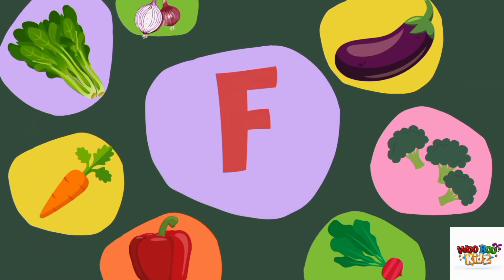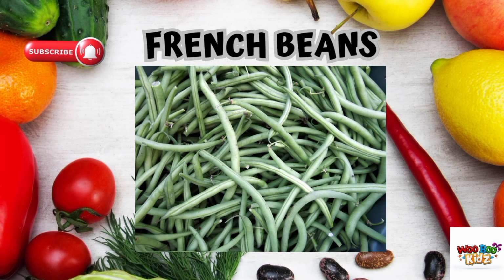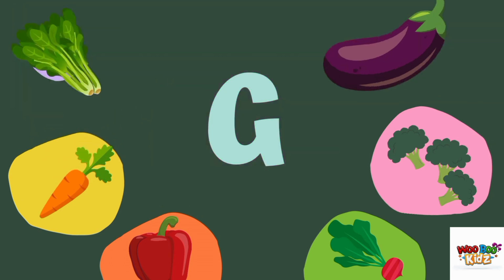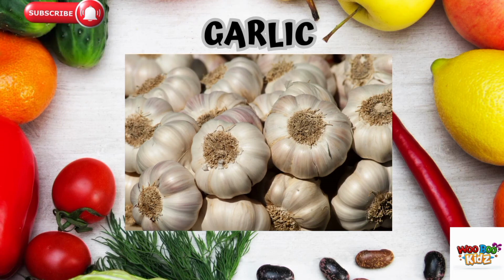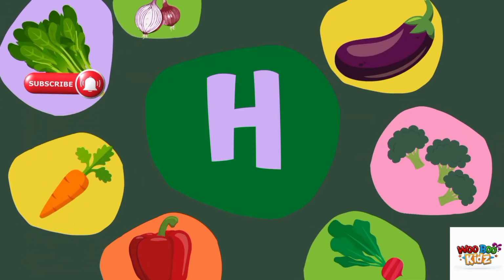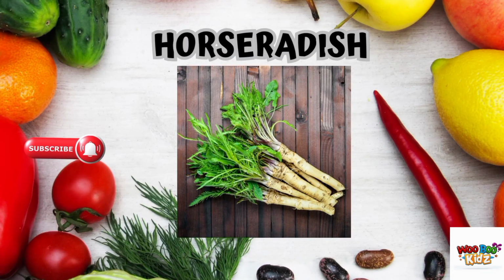F. F is for French beans. G. G is for garlic. H. H is for horseradish.